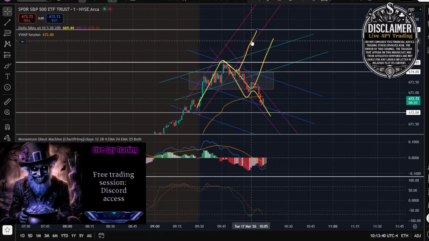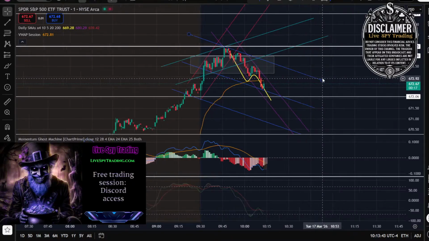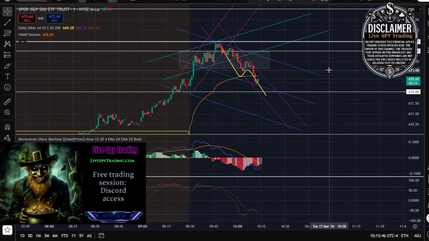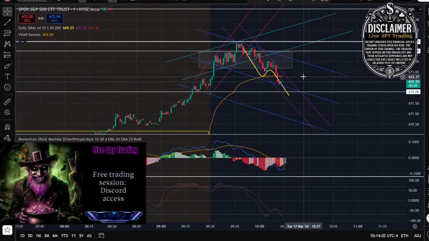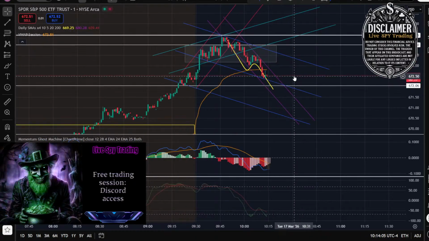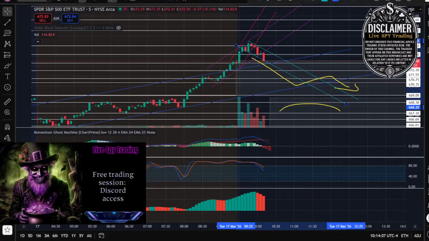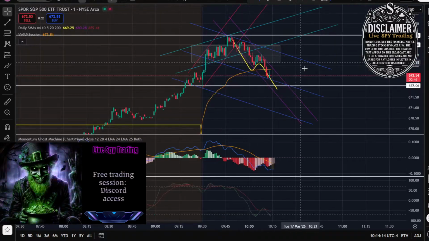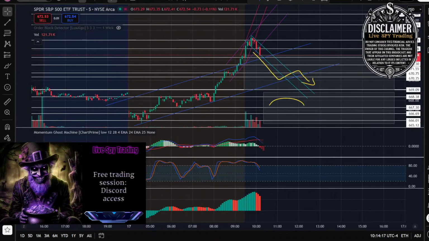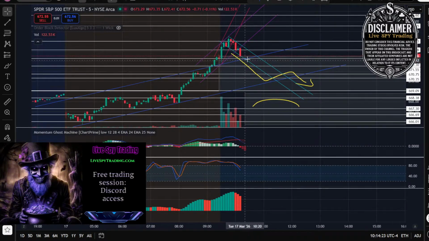I'm just going to clean up the chart just a little bit. Now they're retesting VWAP. So we want to see how they react off of this blue now.